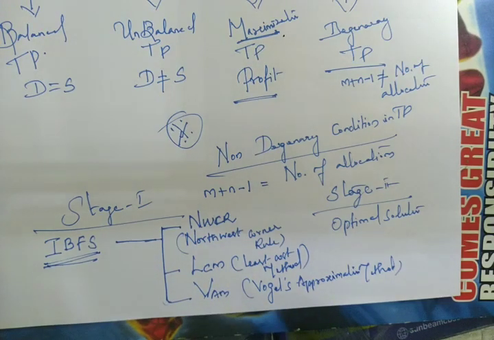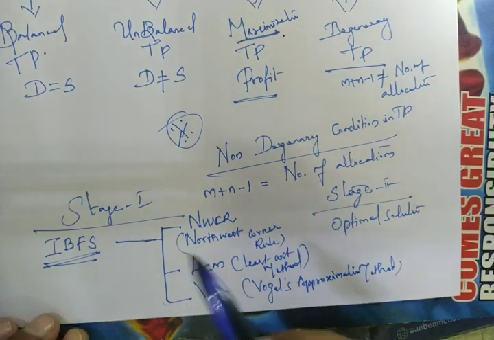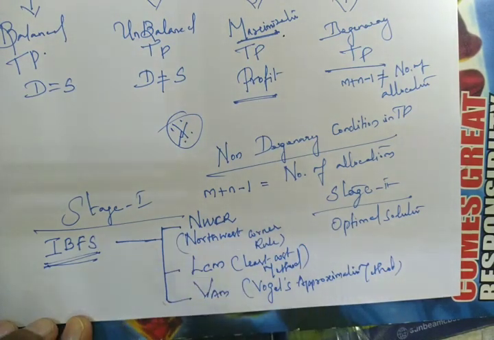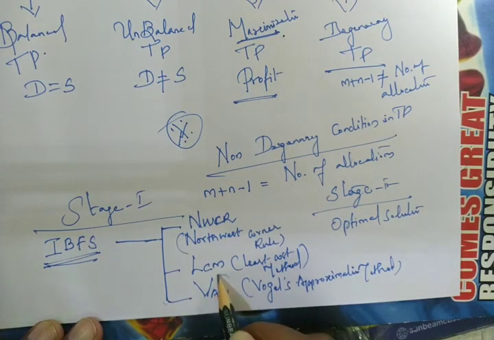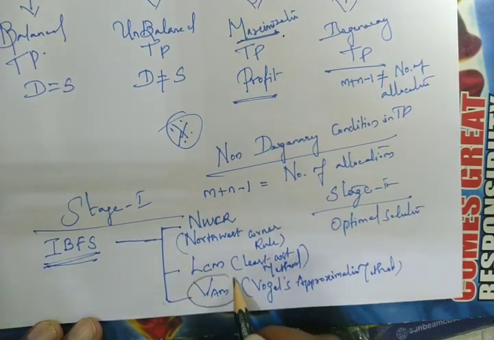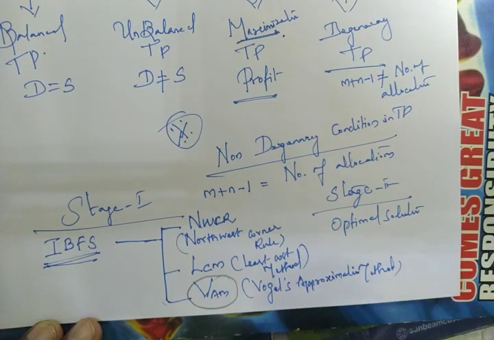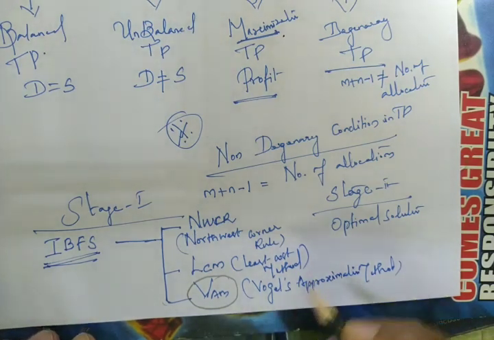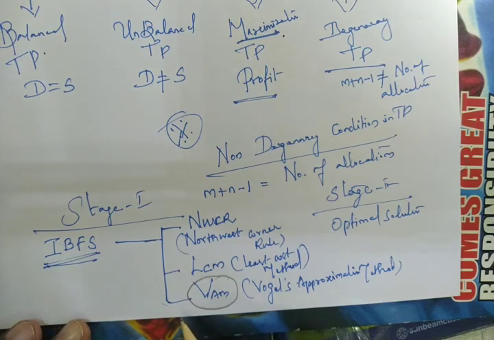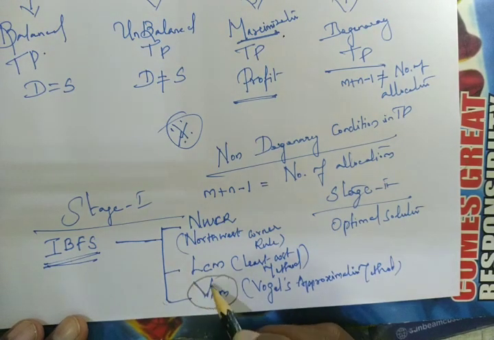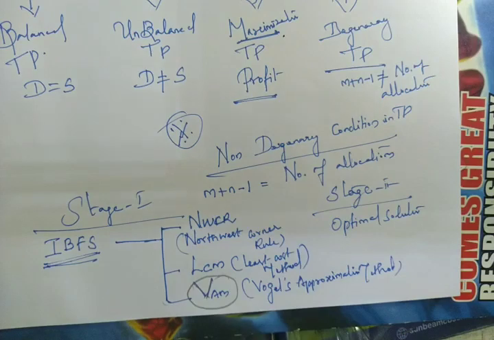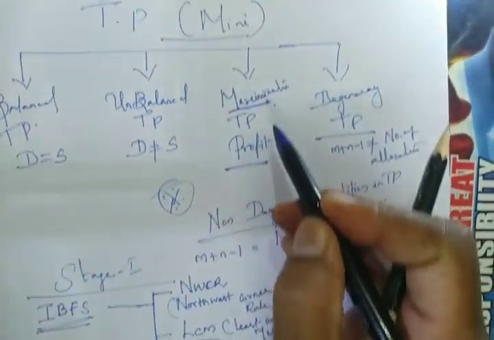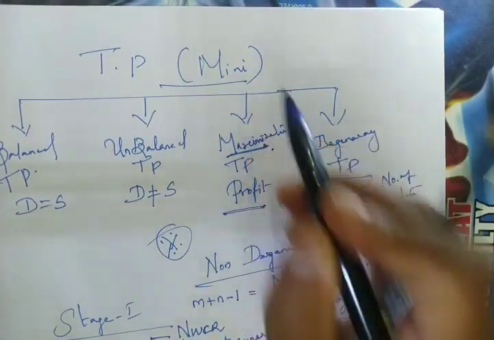But you may have a doubt. It is also another important question in the previous question papers. Among the three methods, which is the best one? Which gives the best result among the three? Here, WAM, Vogel's approximation method, always gives a result close to the optimum solution, the very least value, because the objective in transportation is always the minimum value.